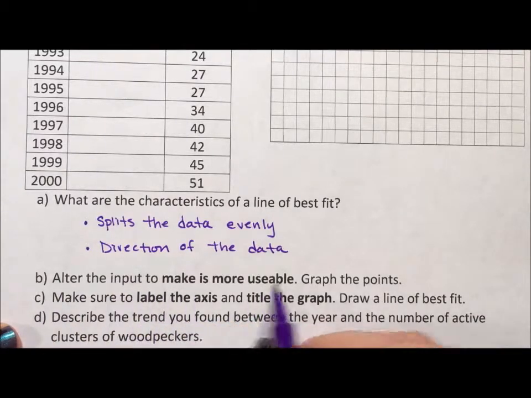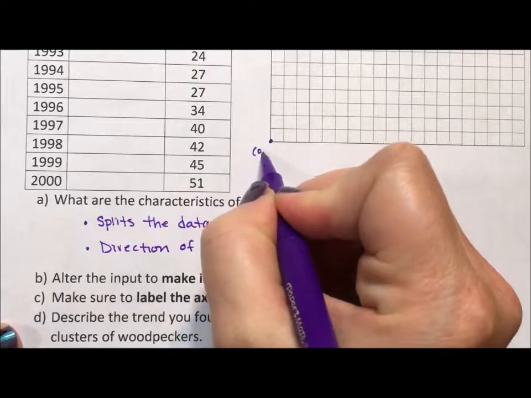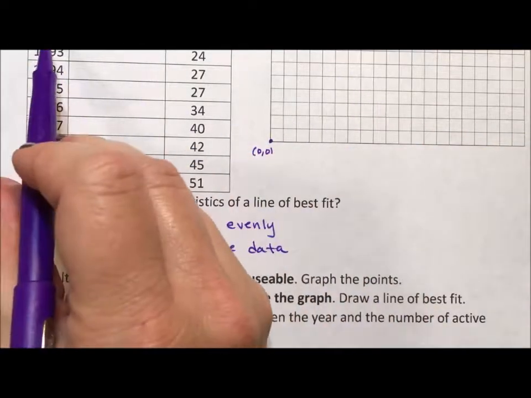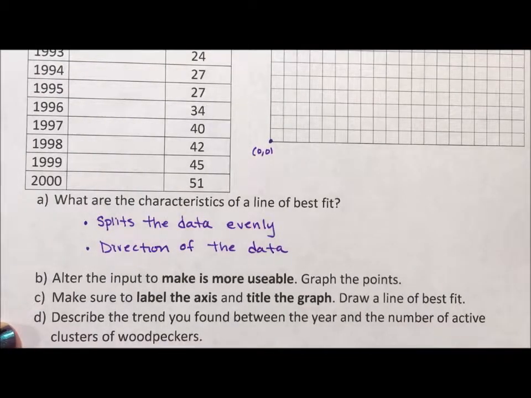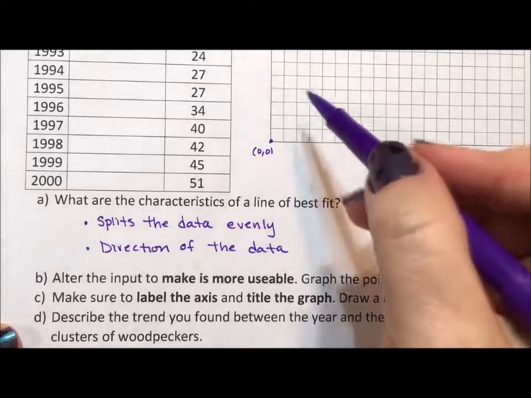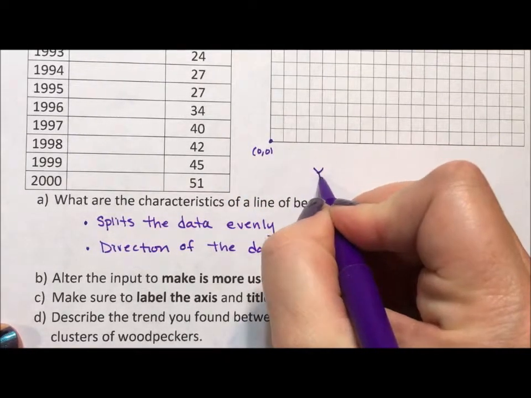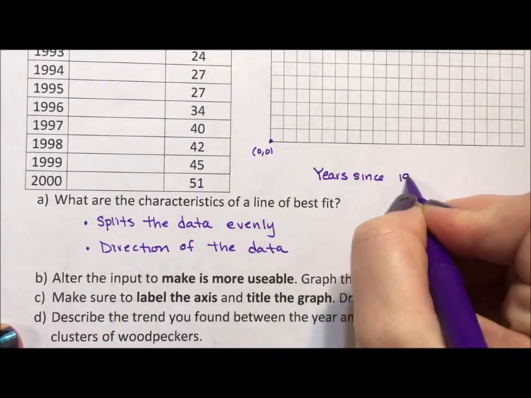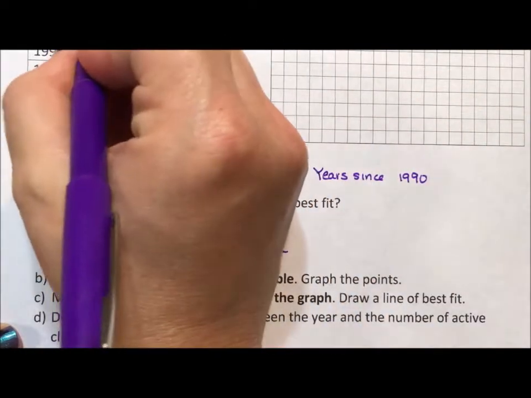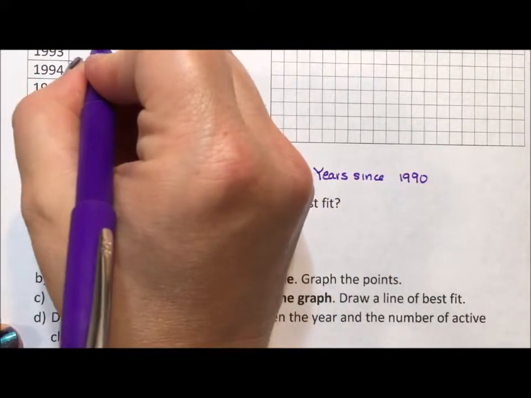Alter the input to make it more usable. What that means is this point right here is 0, 0, and getting to 1992 wouldn't be an easy to read graph. I like having things with small numbers. So if I make my input years since 1990, then 1992 becomes 2.